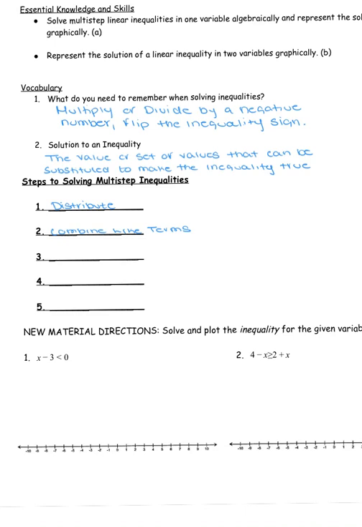The third step is to move the variable to one side. The fourth step is to solve. So you'll be solving your two-step equation here. And then the final step is to flip the inequality sign if necessary.